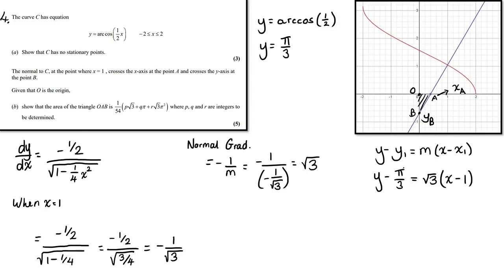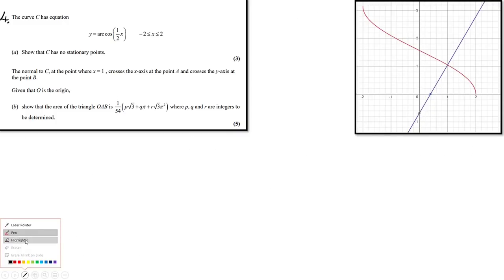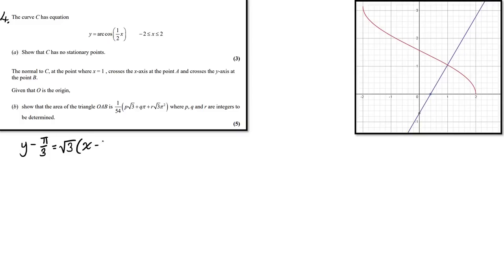Okay, so what I'll do here is I'll just clear the screen dead quick. So clearing the screen then. Again, we're just going to use now the equation of the normal that we worked out. So what was that? That was y minus pi over 3 is equal to root 3 times x minus 1.